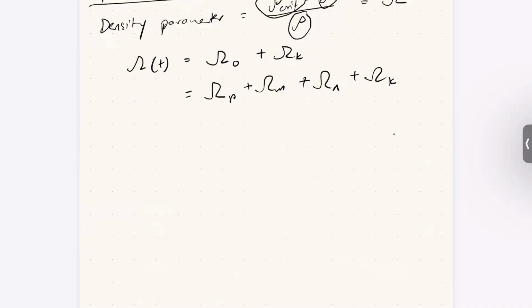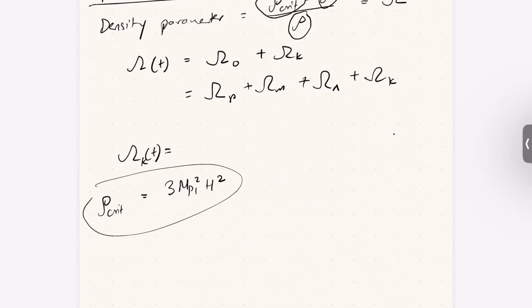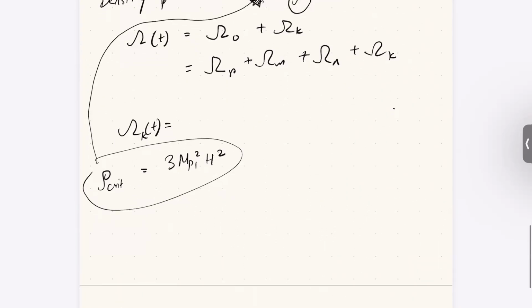So from here, I can devise an expression for omega k by considering that rho critical is given by 3 m Planck squared H squared. And I plug this in over here. And what I will get for an expression of omega k is the following.